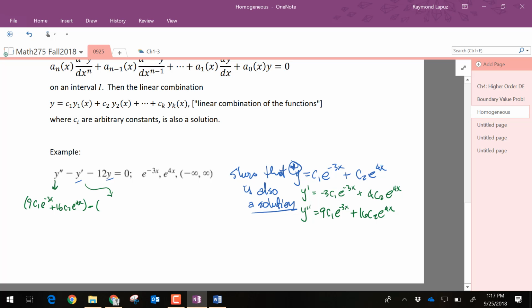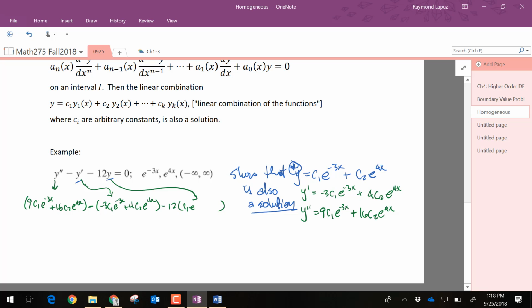Now we also found the first derivative that we'll need to use for y prime. That's a minus 3c1 e to the minus 3x plus 4c2 e to the 4x. And then y was this linear combination of these two functions.